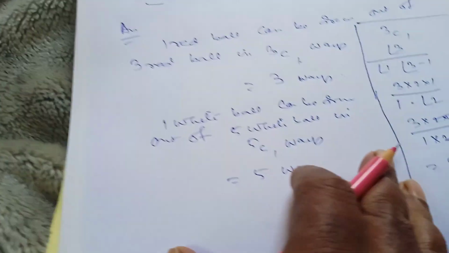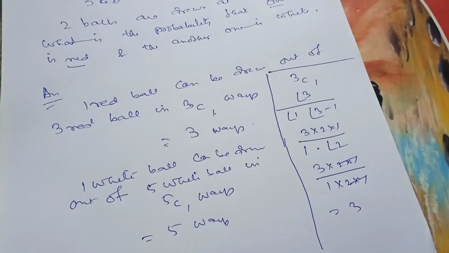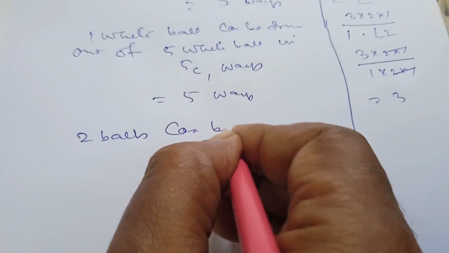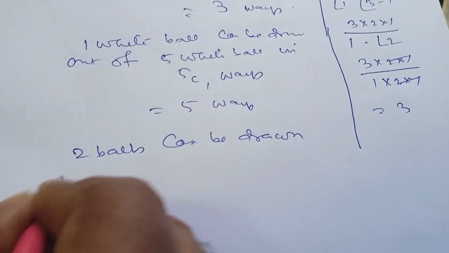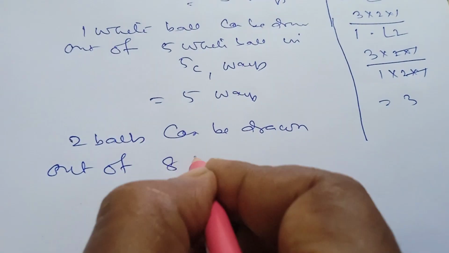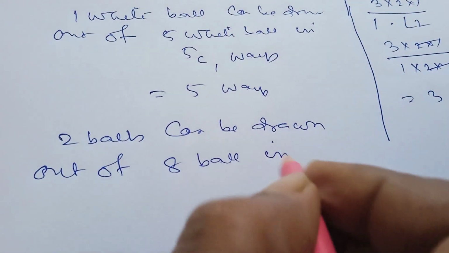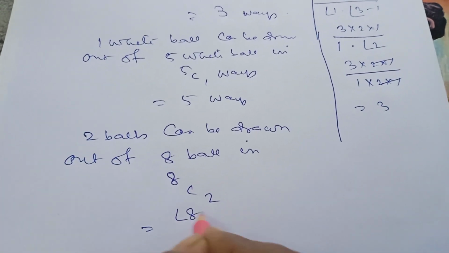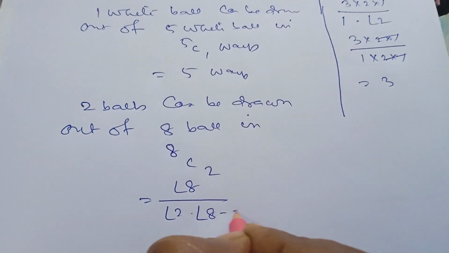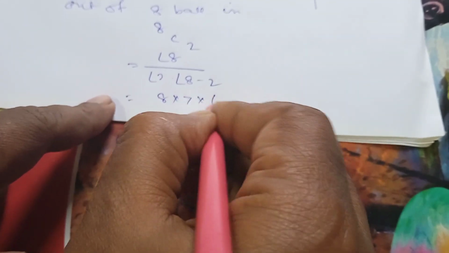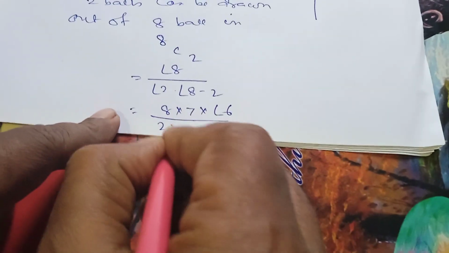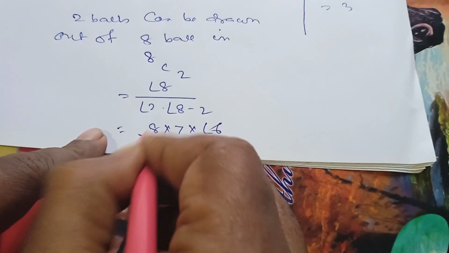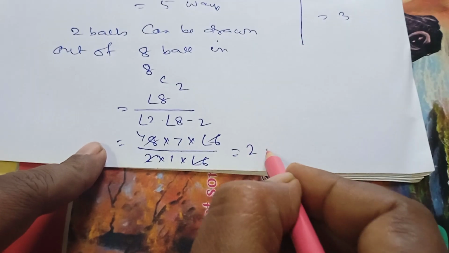That is the total event. 2 balls will come out of 8 balls. 2 balls can be drawn out of 8 balls in 8C2 ways. 8C2 means factorial 8 by factorial 2 into factorial 8 minus 2. So now I can say 8 into 7 into factorial 6 by 2 into 1 into factorial 6. Cancelling it, we are getting 28.